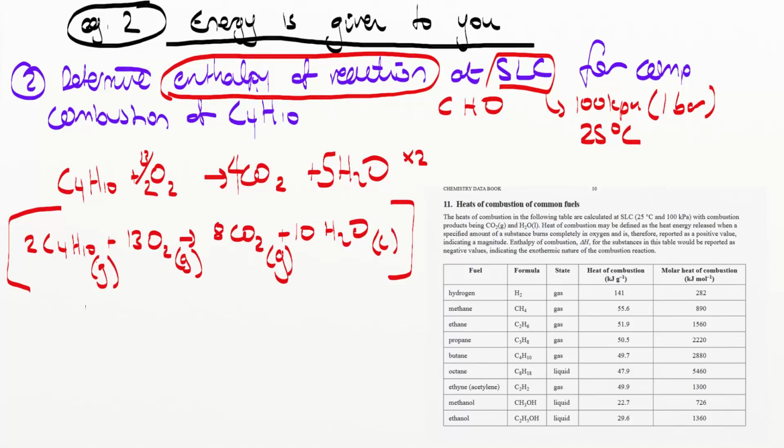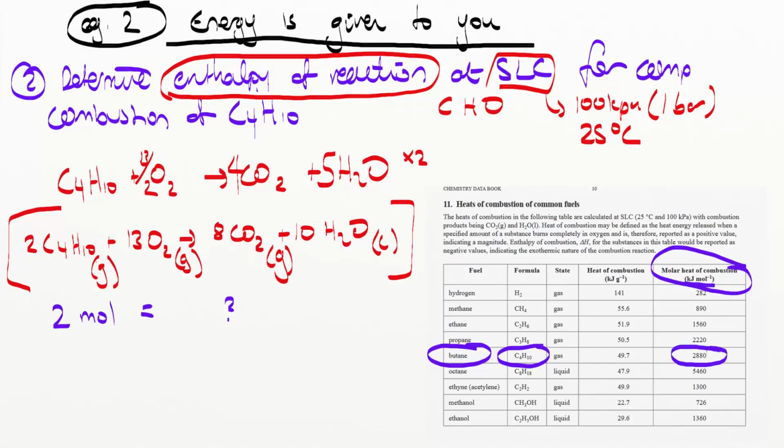So here, what we're asking ourselves is, 2 moles of butane releases how much energy? Well, we can go over here to the chem data, and have a look at butane. We know butane, C4H10, when 1 mole of butane reacts, the molar heat of combustion in kilojoules per mole is 2,880 kilojoules released.